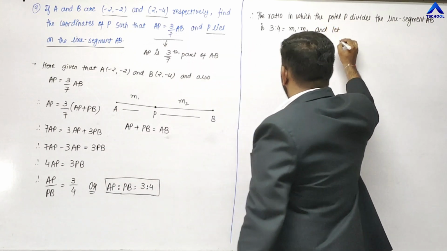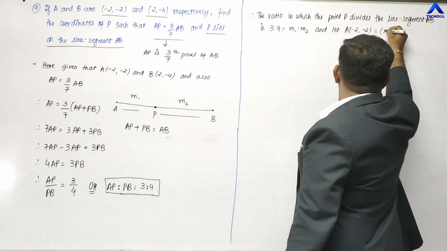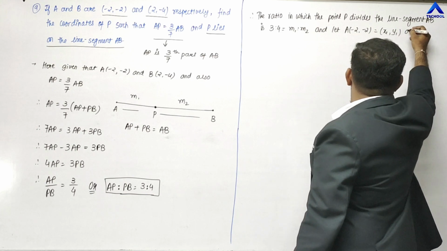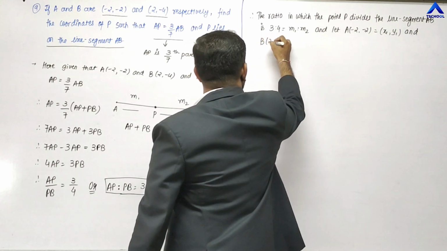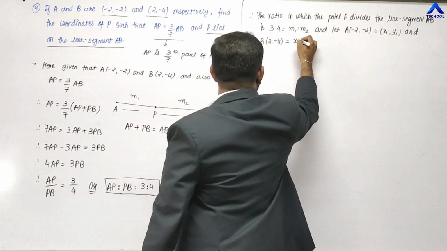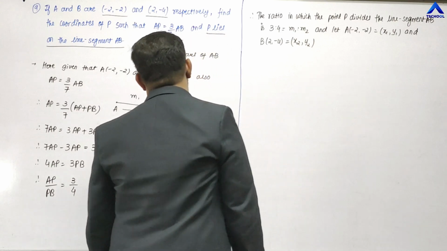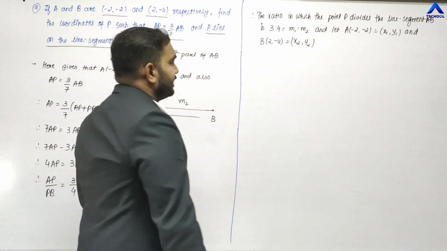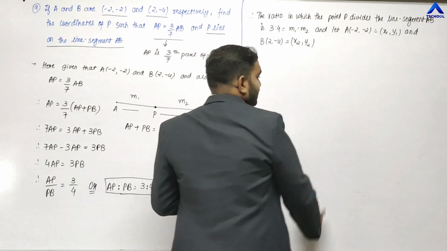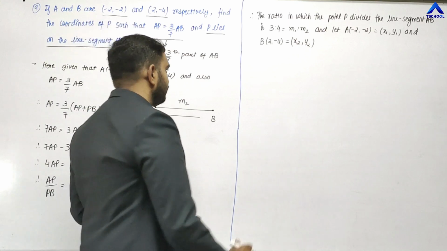Let A minus 2 is equal to x1 y1, and B 2 comma minus 4 is equal to x2 y2, right? So we have taken this as x1 y1, A minus 2 as x1 y1, and B 2 minus 4 as x2 y2.